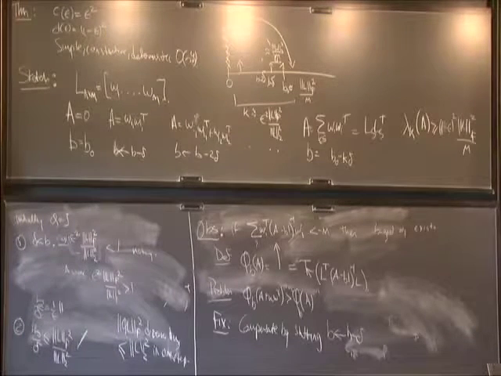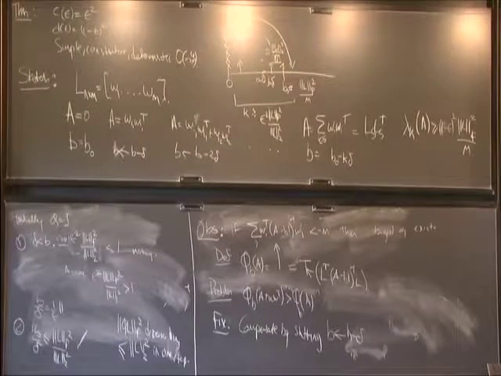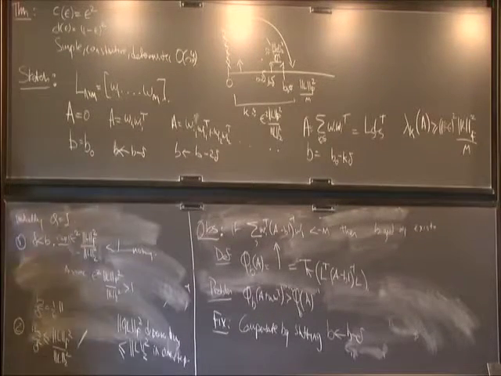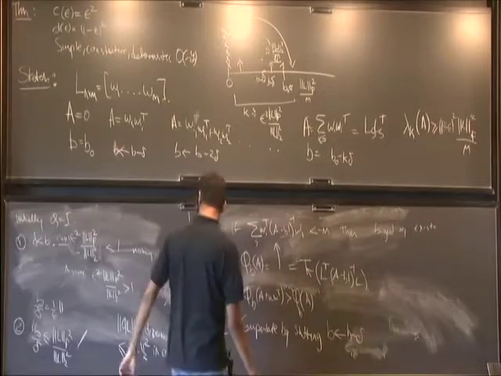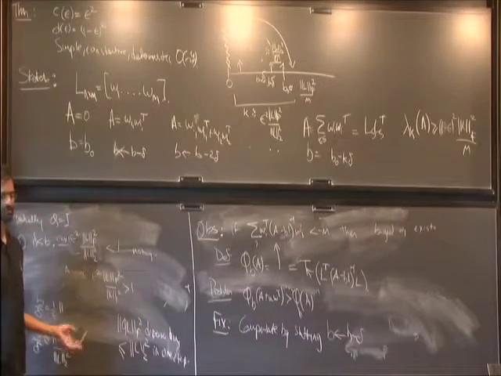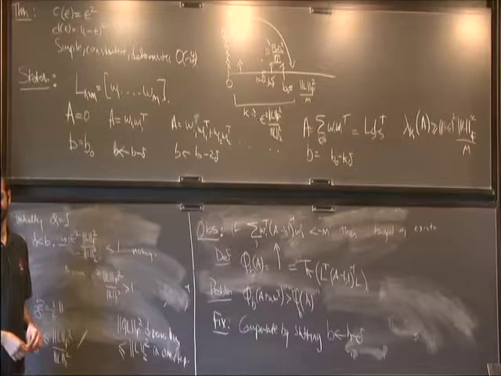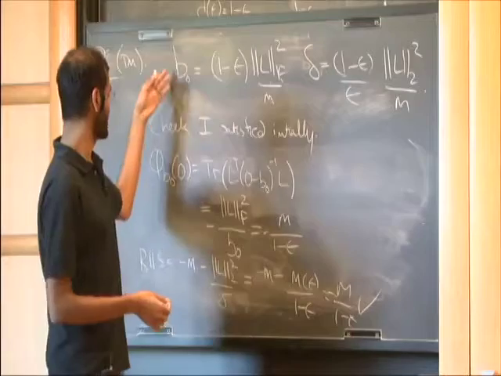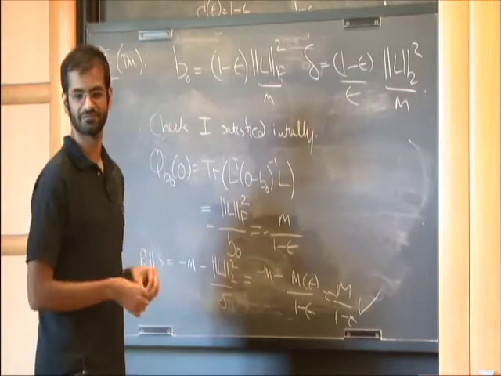And this 1 minus epsilon over epsilon times the 2 norm squared is at least the 2 norm. So this means that 2, as long as you maintain 2 initially, you get it for free for the rest of the steps. And this setting does that.